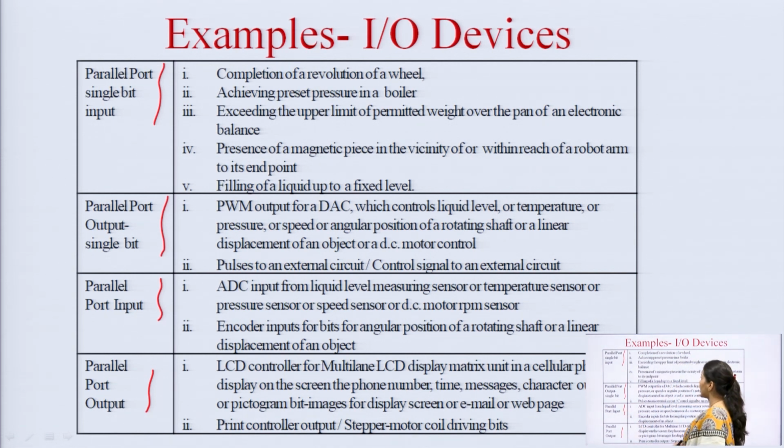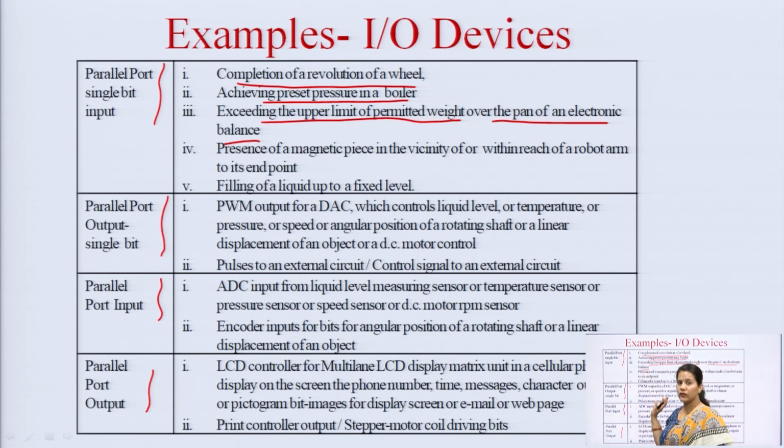Now, let us see the examples. When we are talking about the single bit parallel port input, then the completion of a revolution of a wheel, achieving the preset pressure in a boiler, exceeding the upper limit of permitted weight over the pan of an electronic balance. These are the real life examples of the parallel port single bit input.